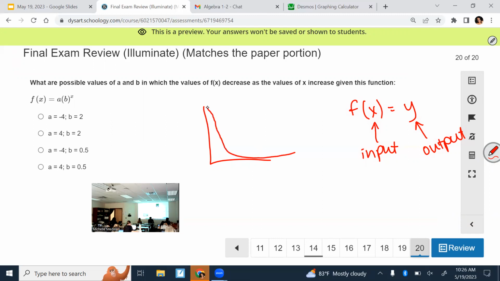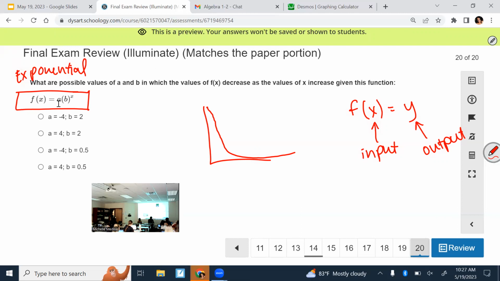Based off of this given equation, what type of function is this? It doesn't have an x squared, so it's not quadratic. What's the other type we learned? It's an exponential function. Those are the only two that we learned this semester, exponential and quadratic.